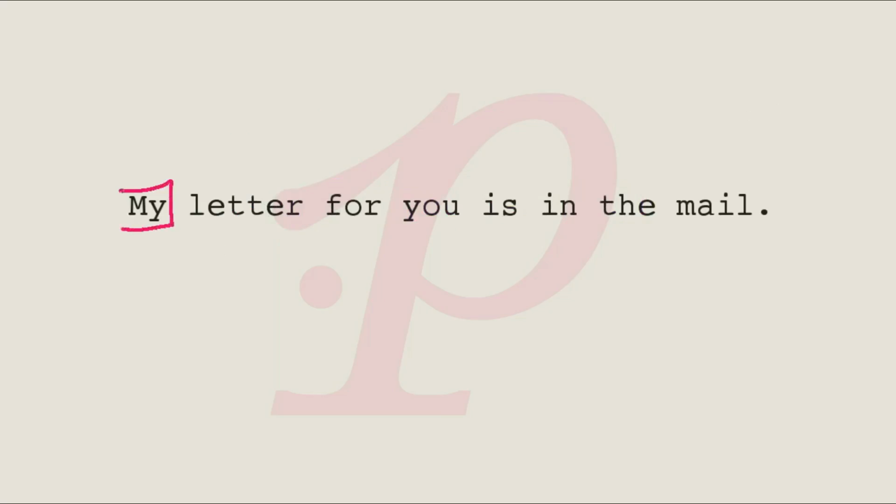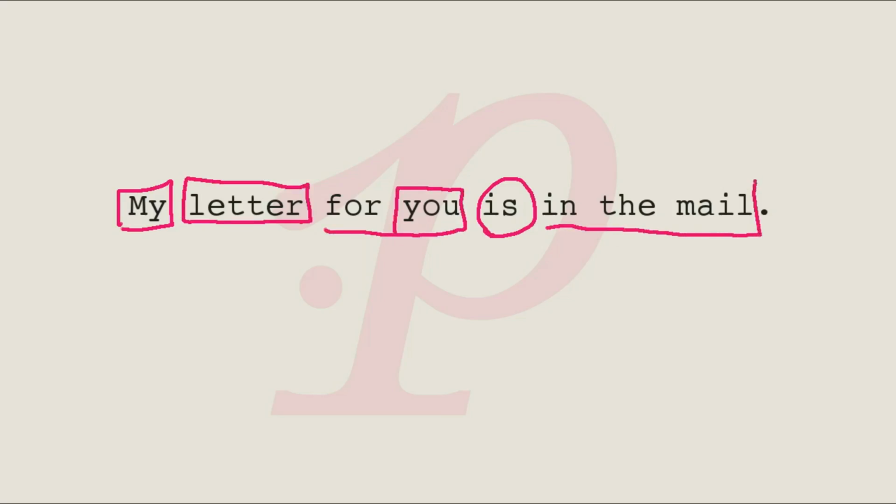Here, my letter. I got to circle the verb first. Quick circle it. Good. My letter for you is in the mail. In the mail. Well, in, that's dative talk.